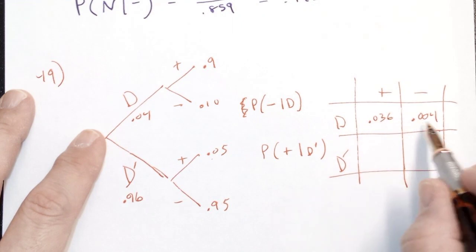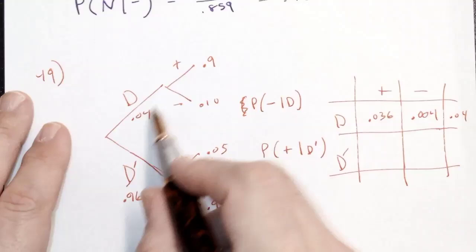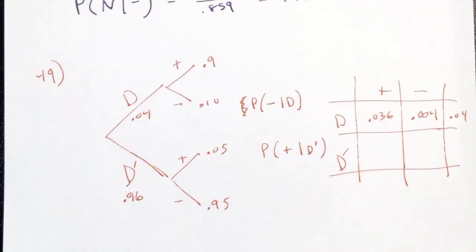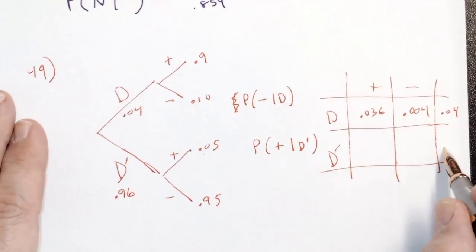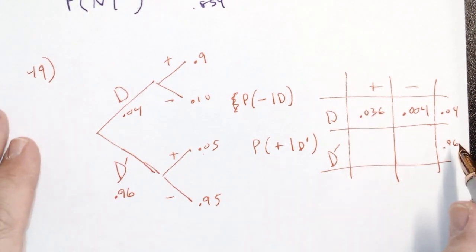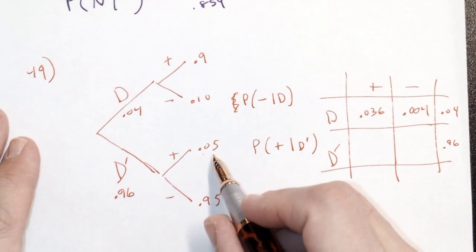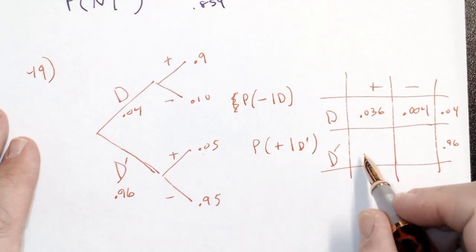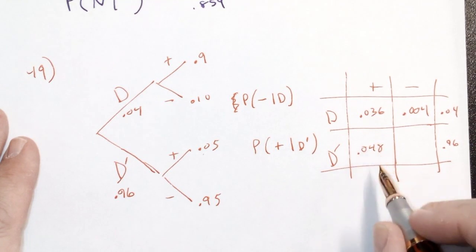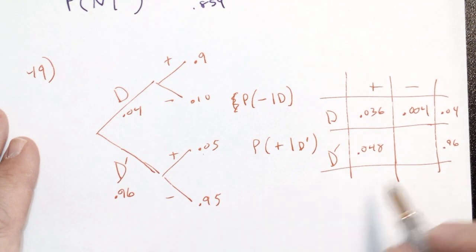And notice that when you add those together, you get 0.04, which is our chance of being on this branch in the first place. Same thing down here. This should be 0.96 when all is said and done, going across. So 96% times 5%, 0.048. And that means that this one, 0.96 times 0.95.